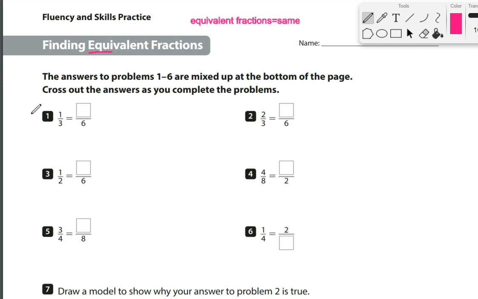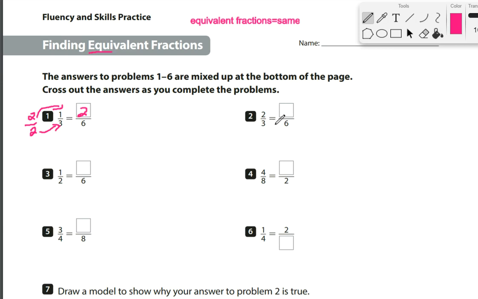I'm going to multiply the top and bottom by 2. So when I do that, you write it as 2/2, because in fractions, what we do to the bottom, we must do to the top. So 2 times 3 is 6. 2 times 1 is 2. 1/3 is equal to 2/6.